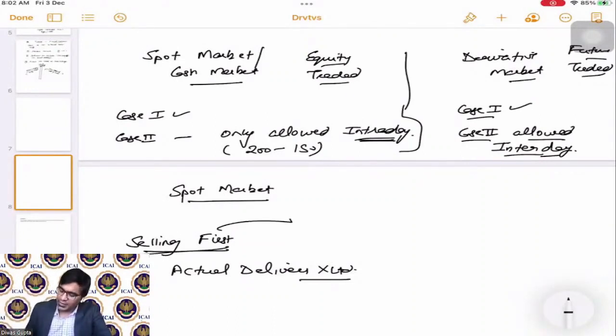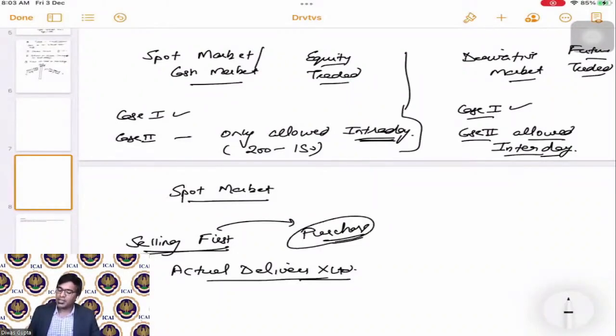Selling first, then you have to purchase also within the same day, so that for 1 day the settlement will happen at once. You will purchase and you will sell. That's the story over. So the actual deliveries can happen now, because the actual delivery will happen basis the purchase, and then this would be sold within the same day, correct?